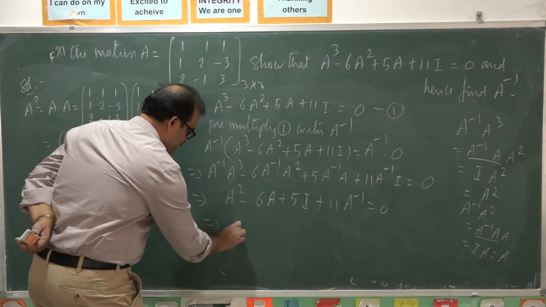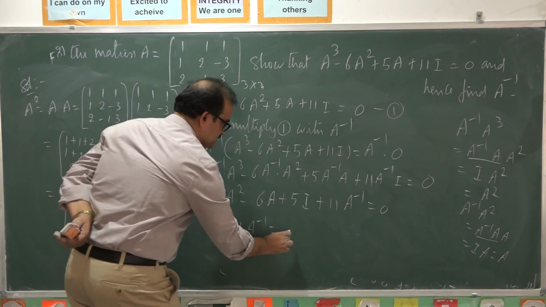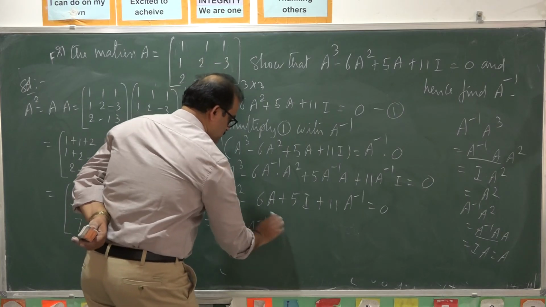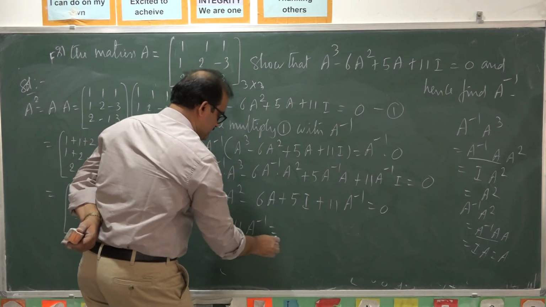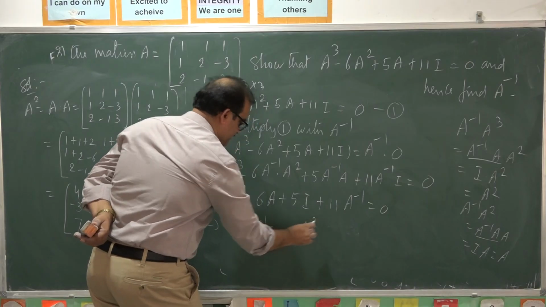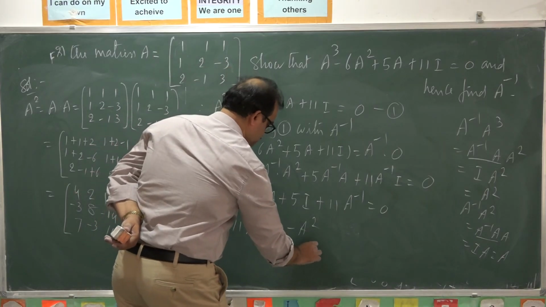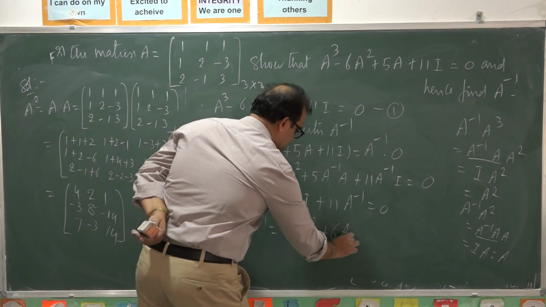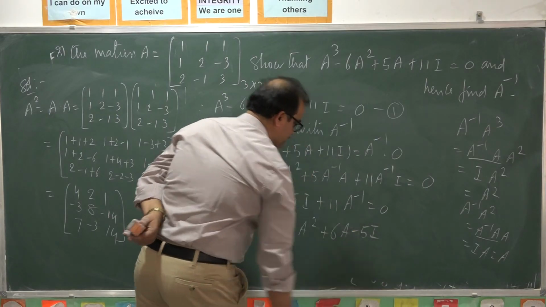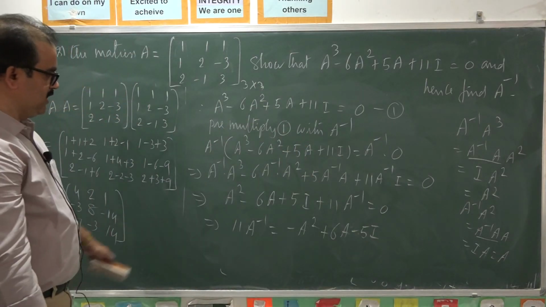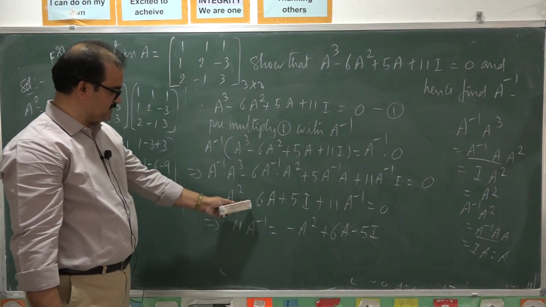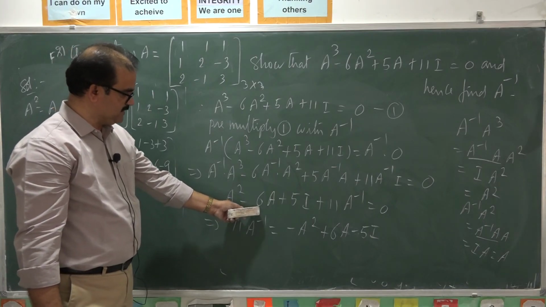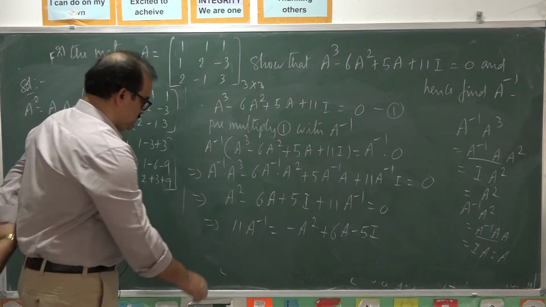From this equation, 11 into A inverse is equal to, take these terms to the right hand side, minus A square plus 6A minus 5I.